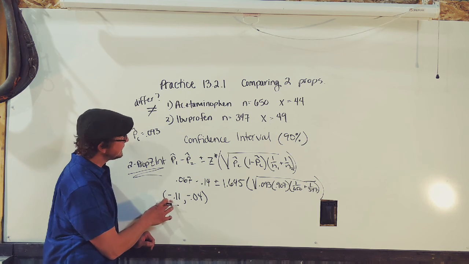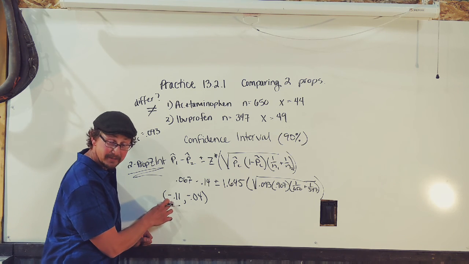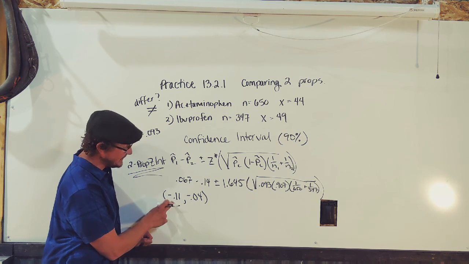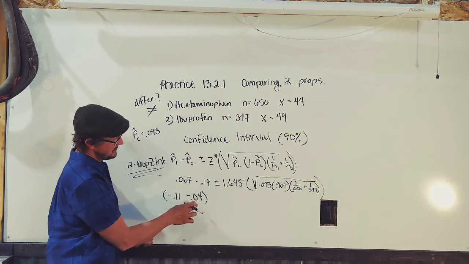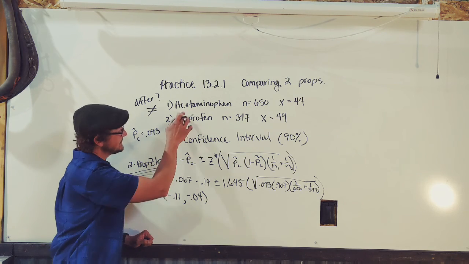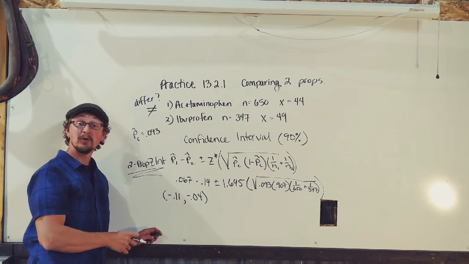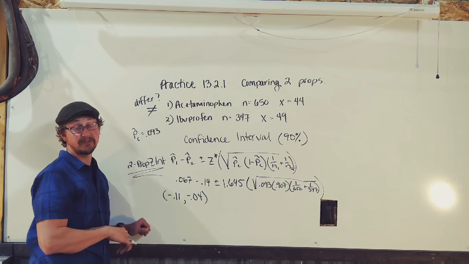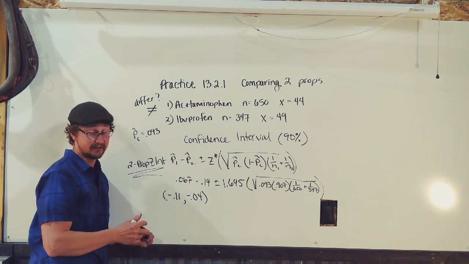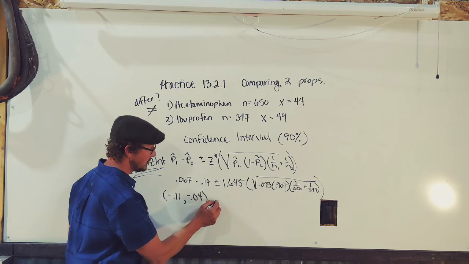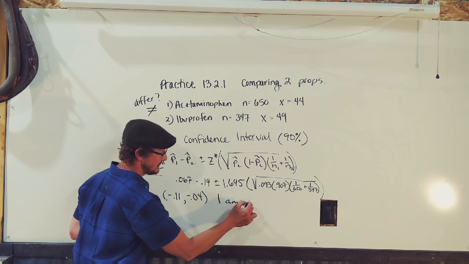That's saying that acetaminophen has between 11 and 4% less side effects than ibuprofen. And those are the words that I'm going to write when it comes time to do my context, which we'll do right now.